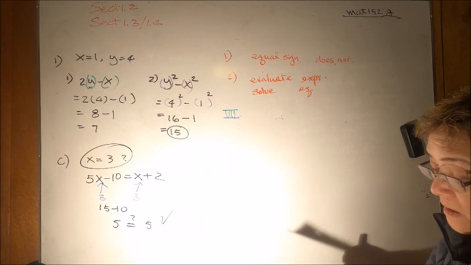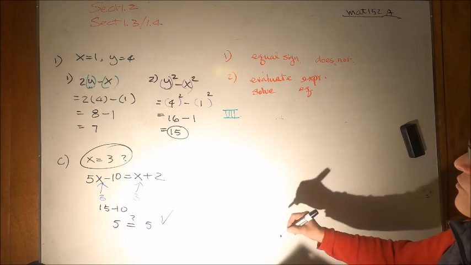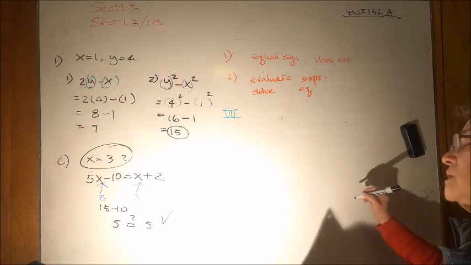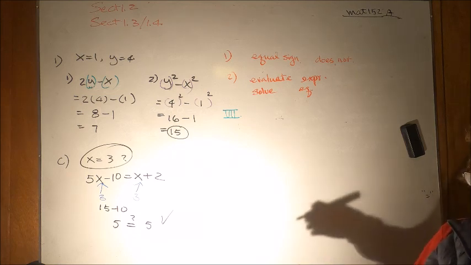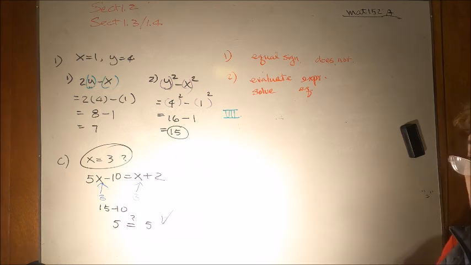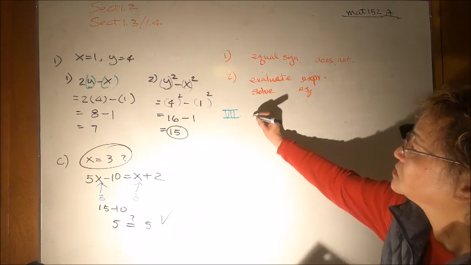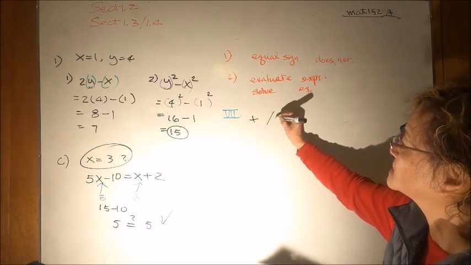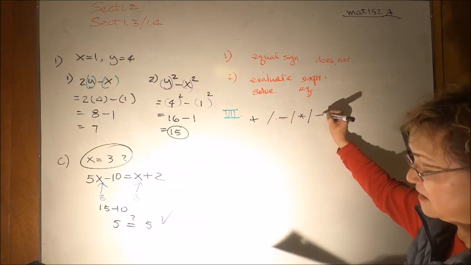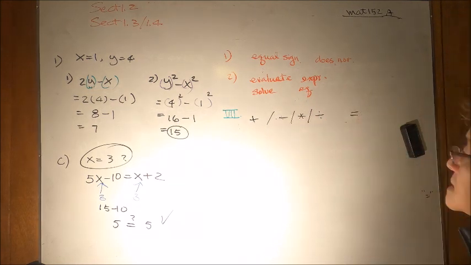Let's see. So mainly in math, we have a bunch of numbers, a collection of numbers, symbols, right? Operation symbols and group symbols. So mainly we add, subtract, multiply, and divide. We also use the equal sign.